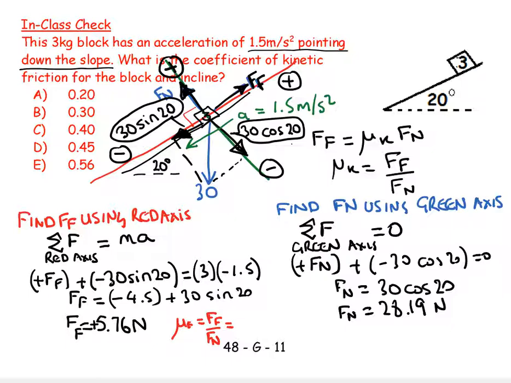Mu k is equal to Ff over Fn, which is 5.76 over 28.19, which equals 5.76 divided by 28.19, which equals 0.20. That is my answer.